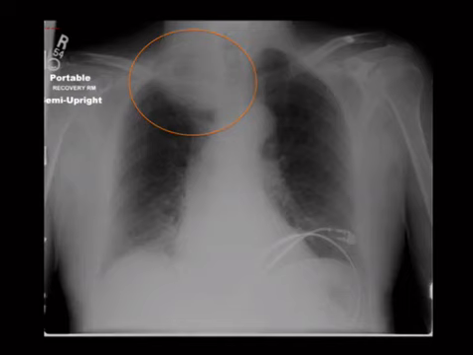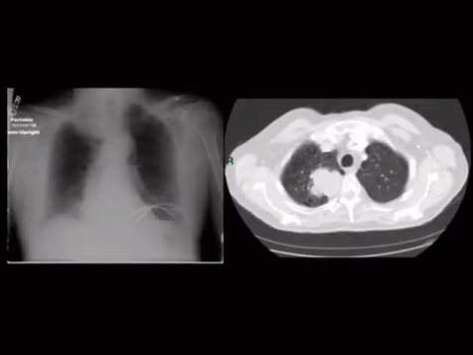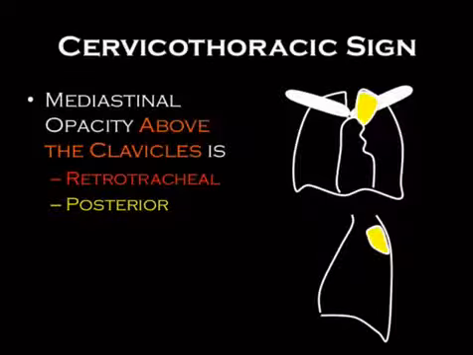And this is a sign. We can see that it's extending above the clavicles, and this is helpful. So this is something that is in the posterior mediastinum. Things that extend above the clavicles are said to be both retrotracheal and posterior, because the anterior mediastinum stops prior to that.